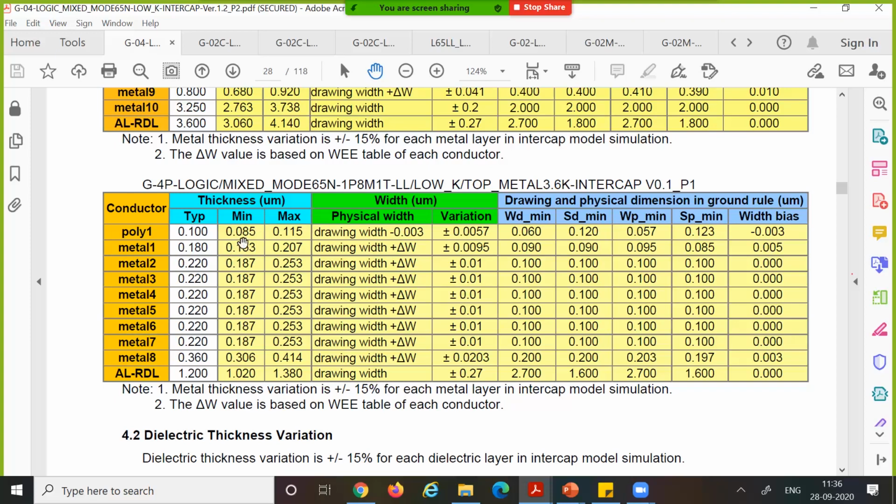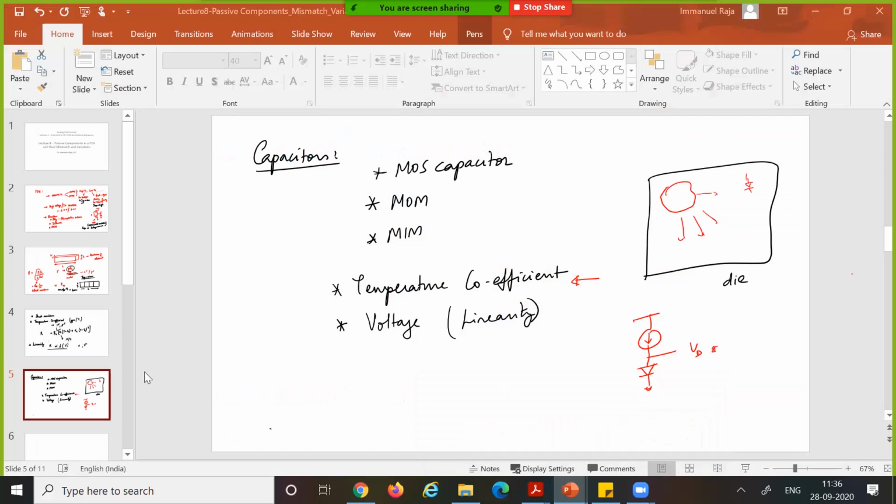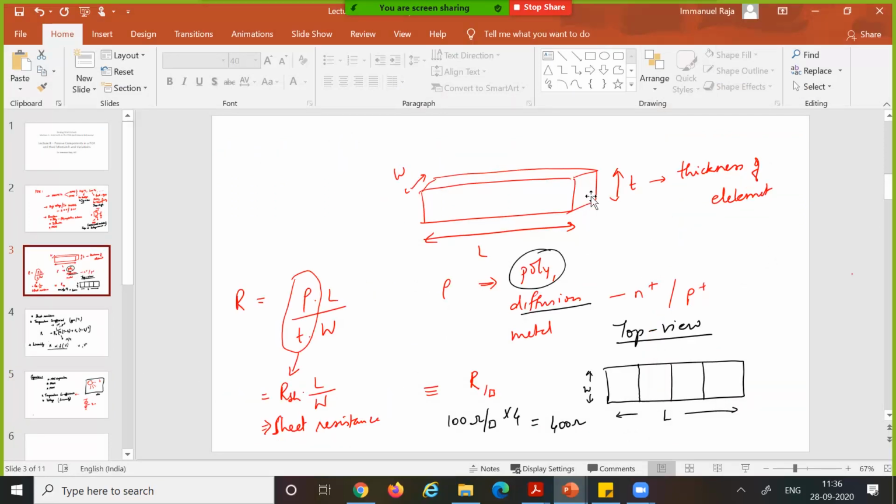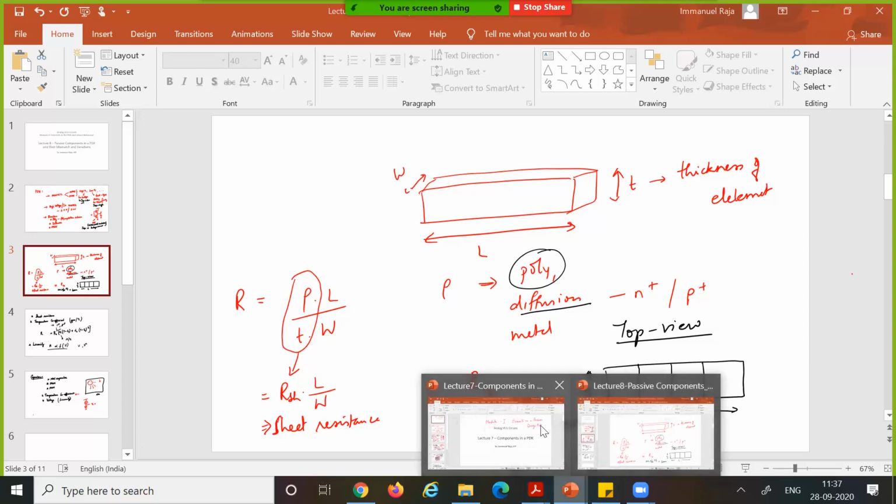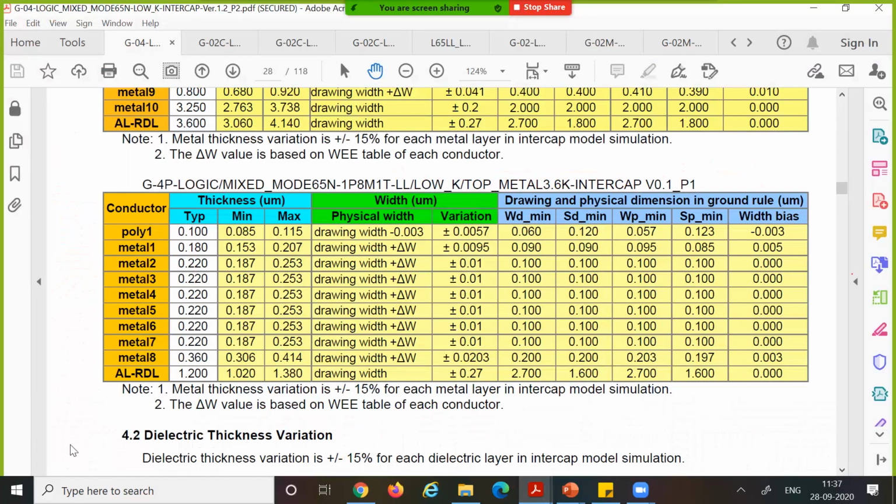For example, you remember the resistor thing that I showed you some time back, the thickness of this particular layer. For diffusion or poly or metal, this thickness is not in our control. It is given by the foundry. This thickness has a typical value of 0.18 micron, but it varies.